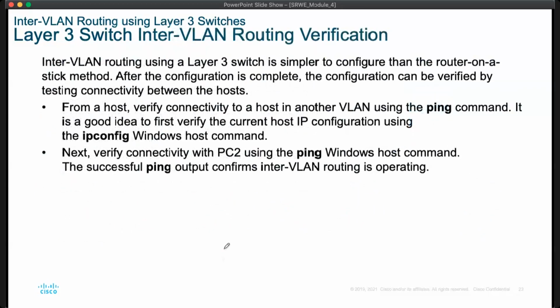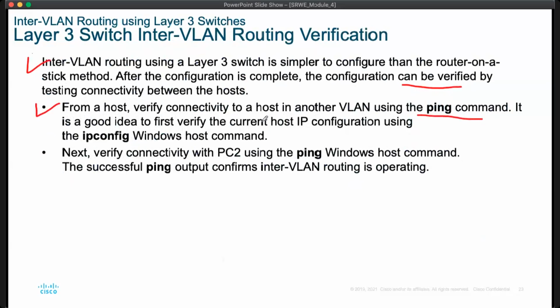So, layer 3 switch inter-VLAN routing verification. Inter-VLAN routing using a layer 3 switch is simpler to configure than the router-on-a-stick method. After the configuration is complete, it can be verified by testing connectivity between the hosts. From a host, verify connectivity to a host in another VLAN using the ping command.